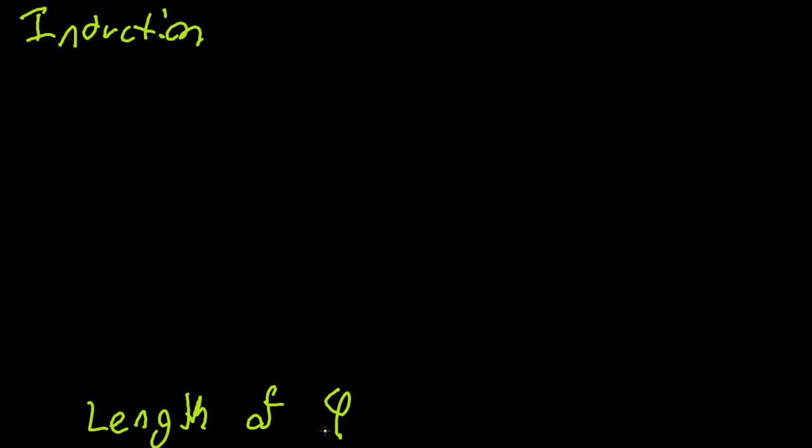And one thing that I won't give proof of, but note that from our definition, if phi is a sentence, then not phi is a sentence, but not phi is strictly longer in length than phi itself. So like I said, all of these proofs by induction will basically break down into two cases. So first, let's say that phi happens to be of the form not psi.